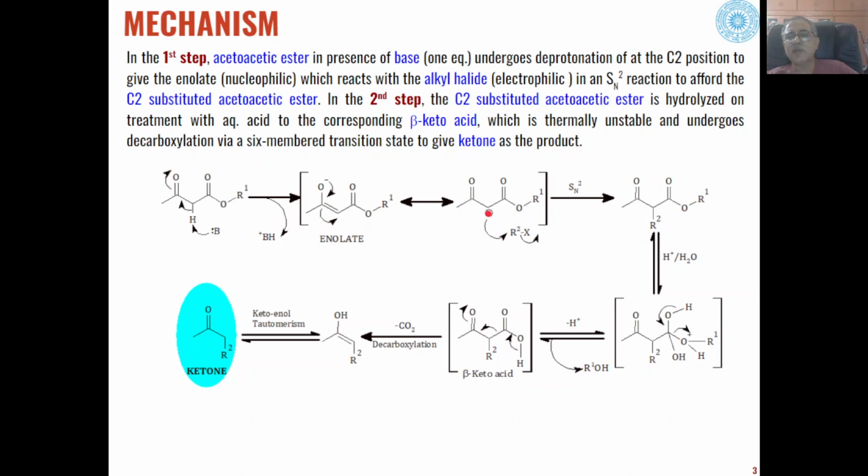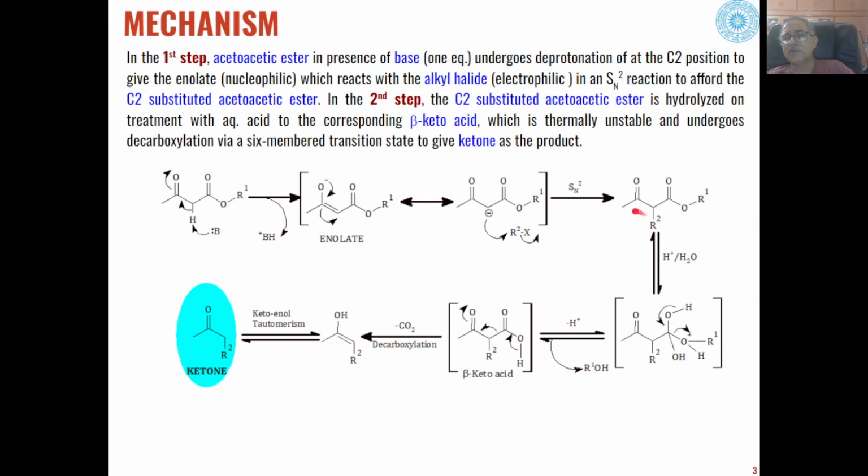This carbanion will act as a nucleophile and undergo a bimolecular nucleophilic substitution reaction with attack from the back side of the alkyl halide with the removal of halide, and we will get these types of monoalkylated acetoacetic ester derivatives.